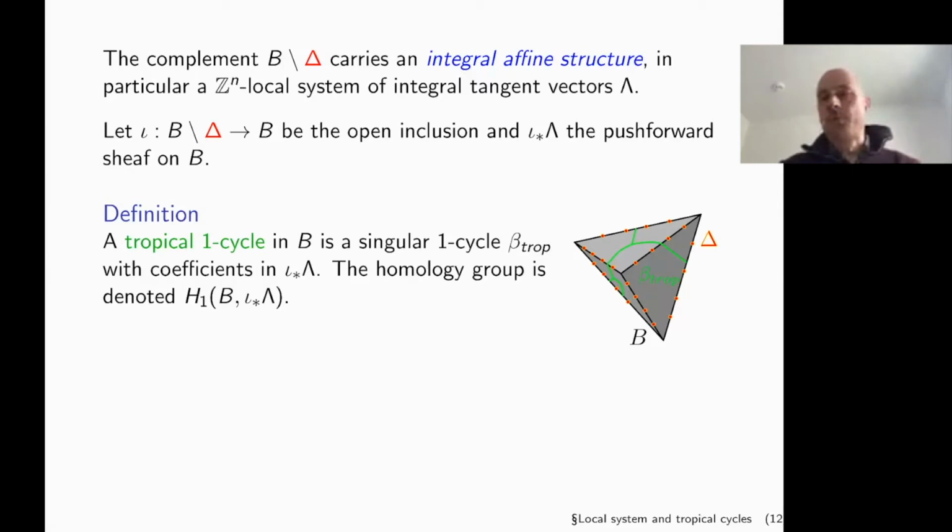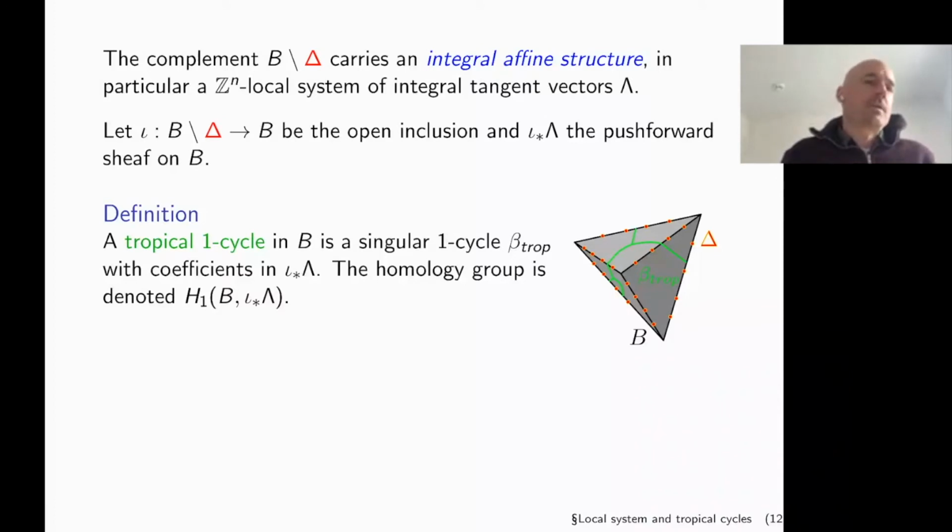If your support of the cycle is away from the singularities, as it is in the picture you see on the right, where I have my K3 dual intersection complex I got from the degeneration, with a green cycle in there that doesn't meet the discriminant, you can then say it's a singular chain with coefficients in the local system, because for this you don't need to push forward. It's just a local system, and you can have singular chains with coefficients in a local system, a common thing in topology.